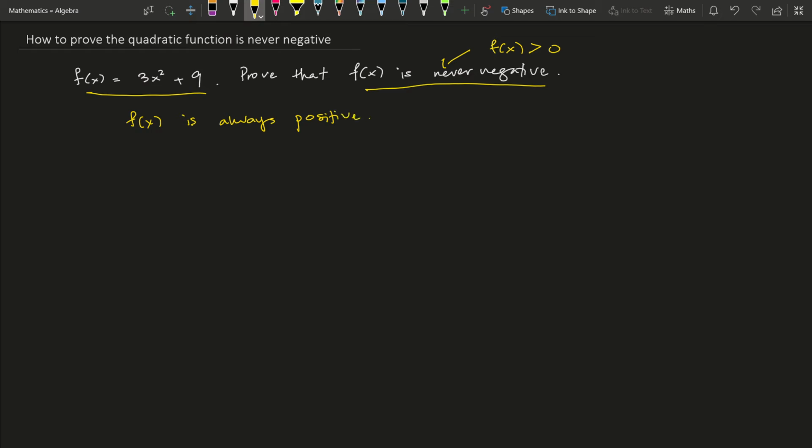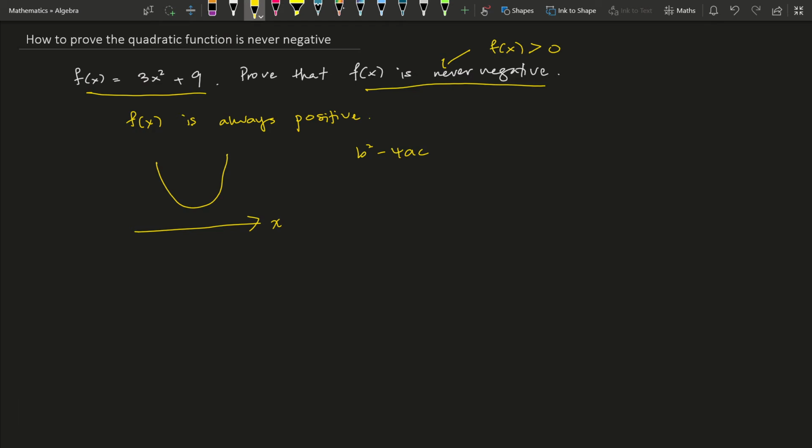If the quadratic function is always positive, it means the curve of this function will not touch or cut the x-axis. The curve should be like this. And how to prove that? We can't use the discriminant b squared minus 4ac.